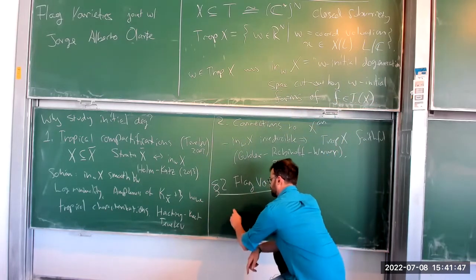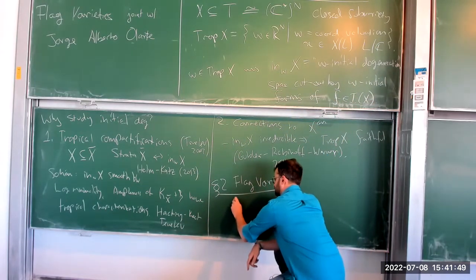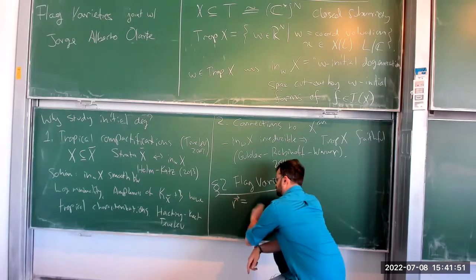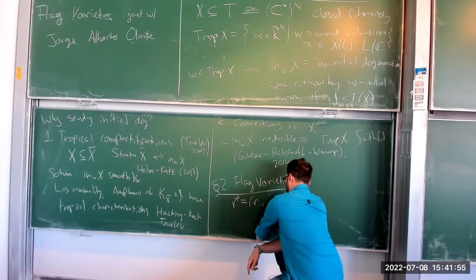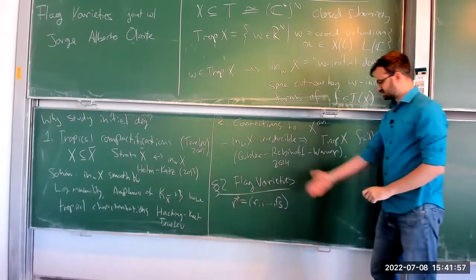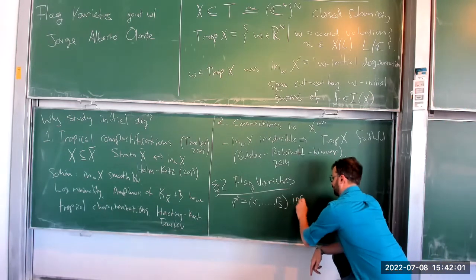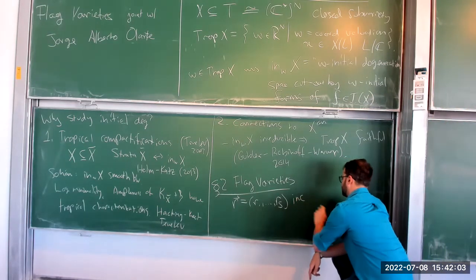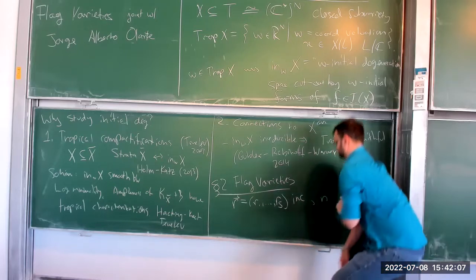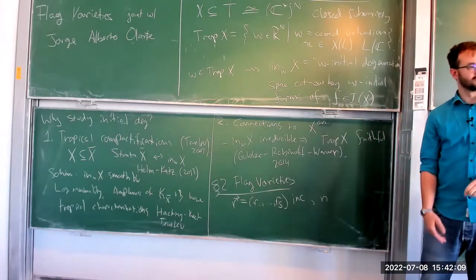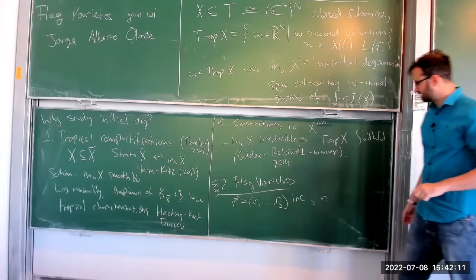So the input data for our flag variety will be some increasing sequence, which we'll call R. This is some increasing sequence of natural numbers, and they're all less than n. Right, so we have some larger integer n.